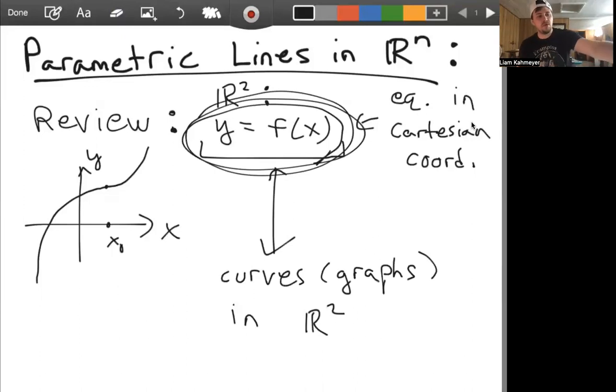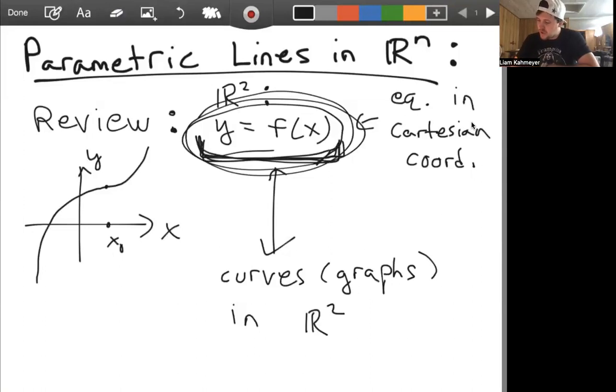Basically, every function y equals f of x denotes a one-dimensional subspace of two-dimensional space.